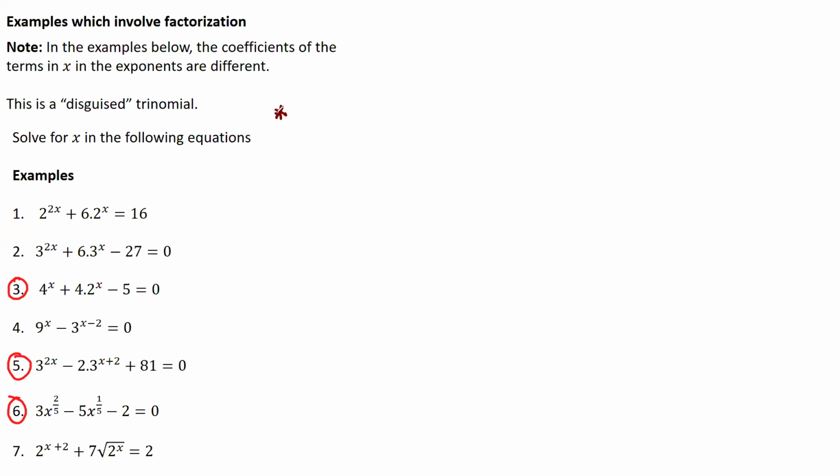So it's 4 to the power of x plus 4 dot 2 to the power of x minus 5 is 0. I could change 4 to a base of 2. So eventually 2 to the power of 2x plus 4 dot 2 to the power of x minus 5 equates to 0.